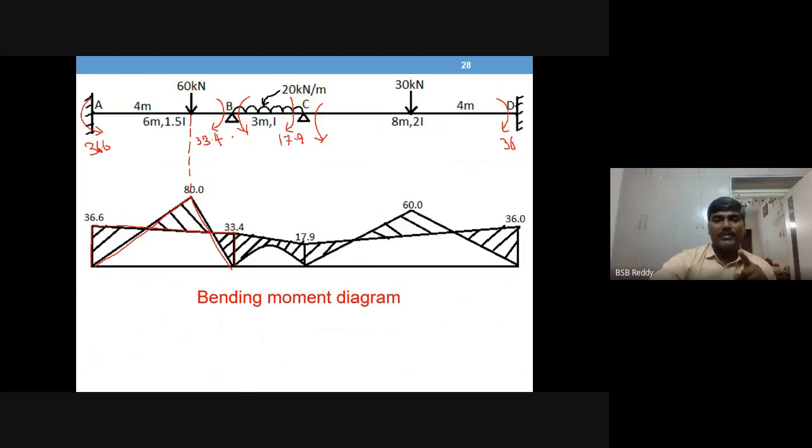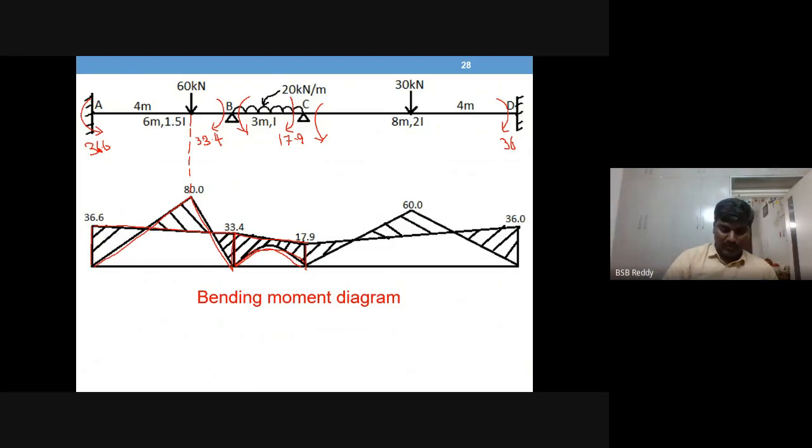Again come to BC, again same value 33.4, then 17.9, join those two and draw the BMD for UDL, WL square by 8, that is a parabola. That value shall be very less. I'll just tell you the value.